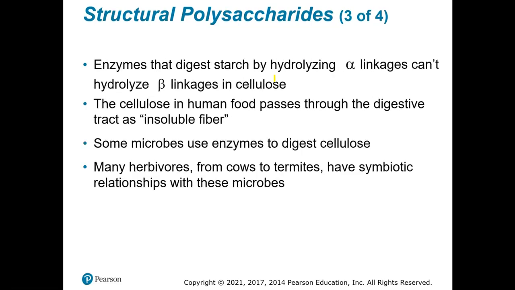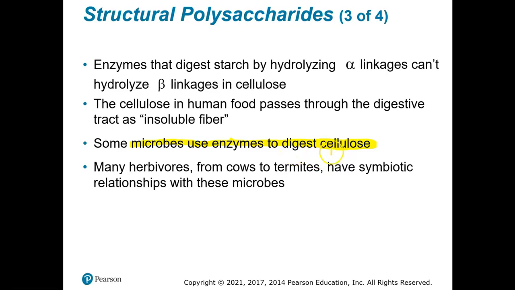Some of this is going into chemistry. Down at the bottom, it does talk about how even though humans cannot digest cellulose, for us it's insoluble fiber, which is important in our diet, but we can't actually digest it and get energy from it. But there are some microbes that use enzymes to digest cellulose.